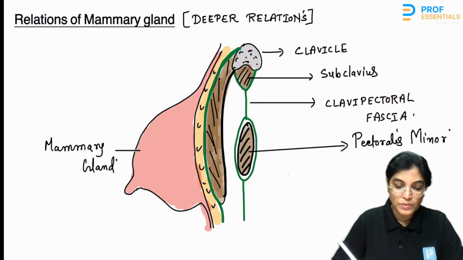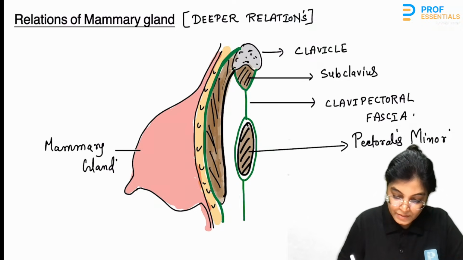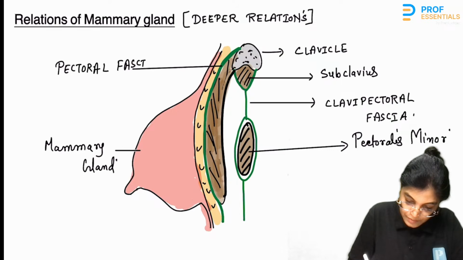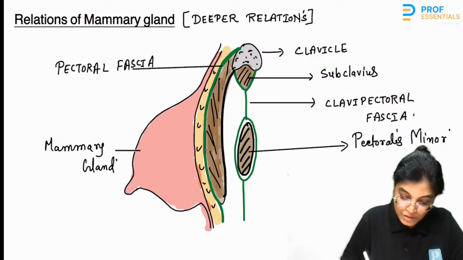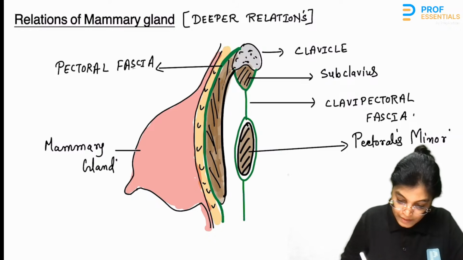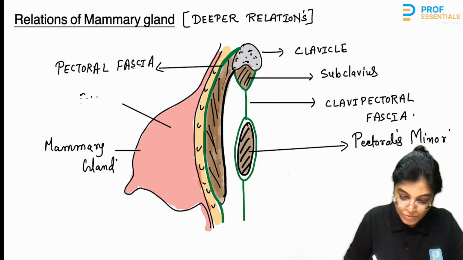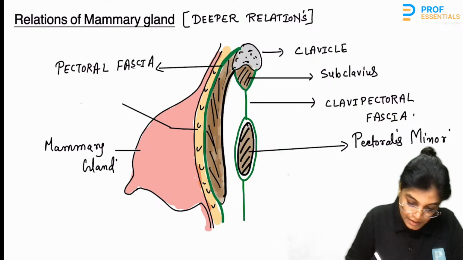This is the pectoral fascia. This is the breast, which we have already written, no need to write it once more. We can write here that this space is the retromammary space.